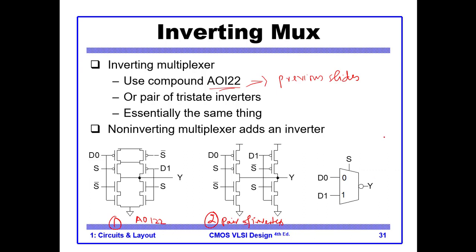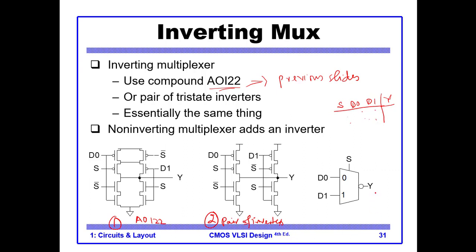So you can develop this kind of truth table: S, D0, D1 and Y. You can develop this truth table for both these circuits, and you will come to know that the truth table is for a 2x1 mux.